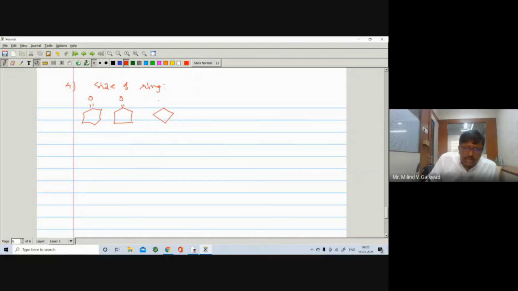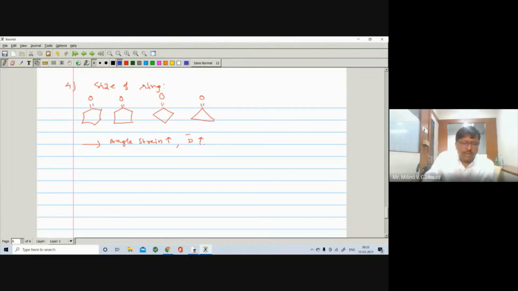So here it is a 6-member, then here it is a 4-member and 3-member. So as we move from left to right, the angle strain increases, then the vibrational frequency also increases.